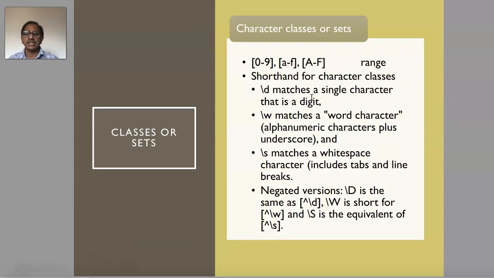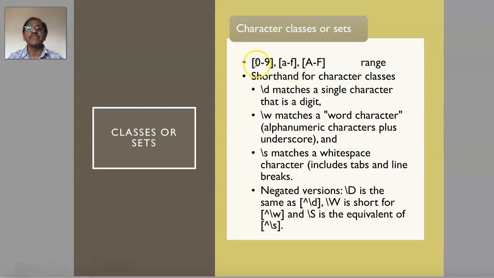Now let's look at some of the classes or sets which we use in regular expressions. When you have 0 to 9 within square brackets, that means we are giving a range. Similarly, small a to small f. Whatever is in between is also covered.